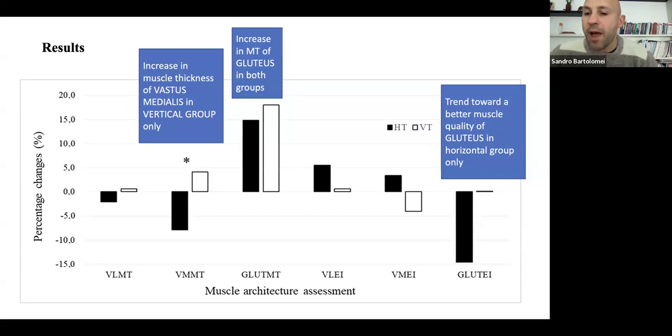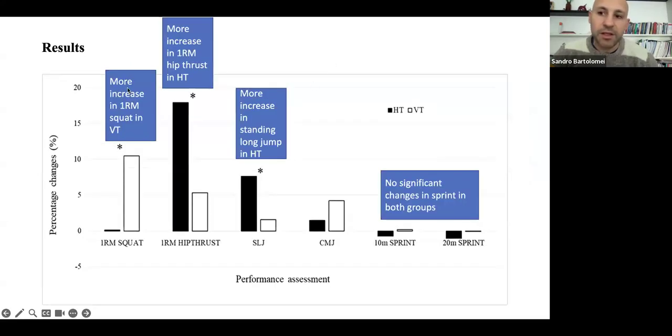And other parameters are important, because this parameter of echo-intensity of the glute has a very high correlation with sprint. And by increasing this parameter, we may probably obtain a higher increase in sprint. However, let's see the results in performance. The group that performed squat obtained a higher increase in 1RM squat.